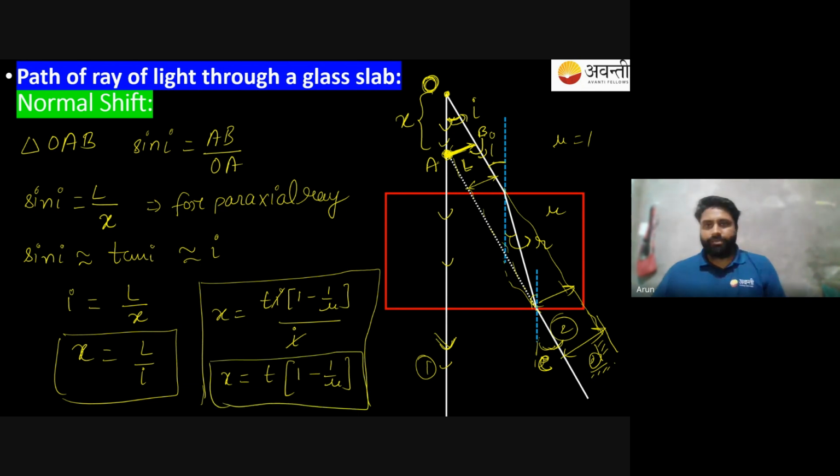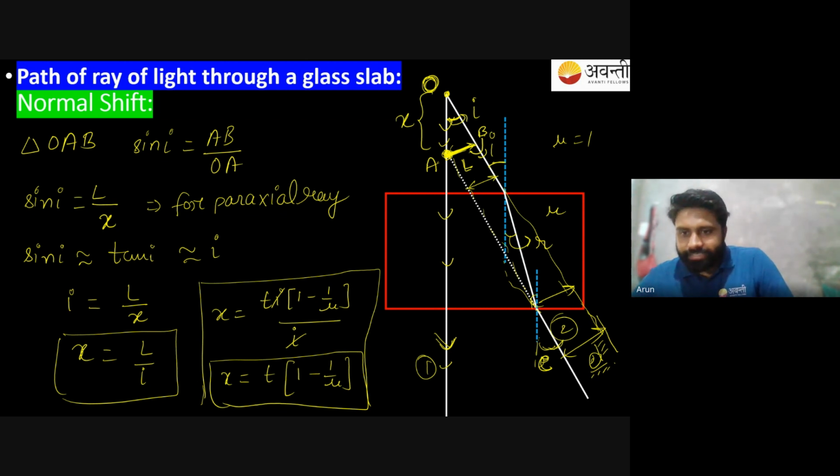Got it? If you have any doubt, you can write it in the chat box. Otherwise, if you are clear with this, just mention it in the chat box also. So are you getting it? Devan is there, Thanu is there, Sudipti is there. Are you guys getting what I'm trying to say? I hope you are getting it.